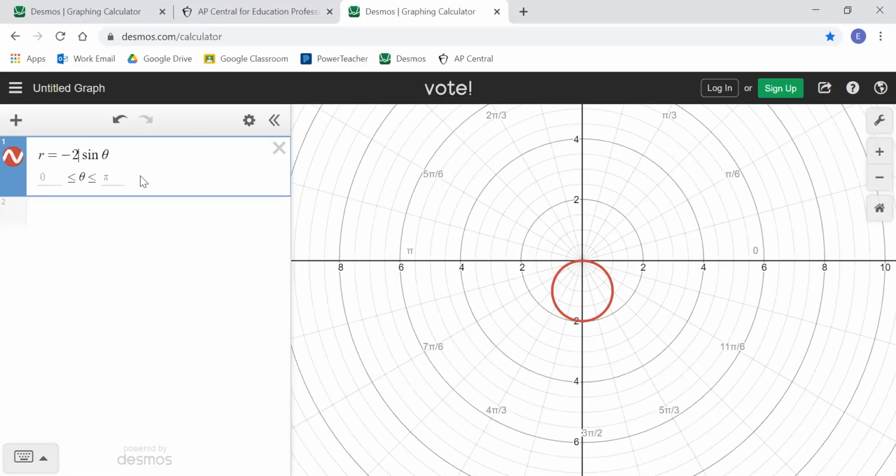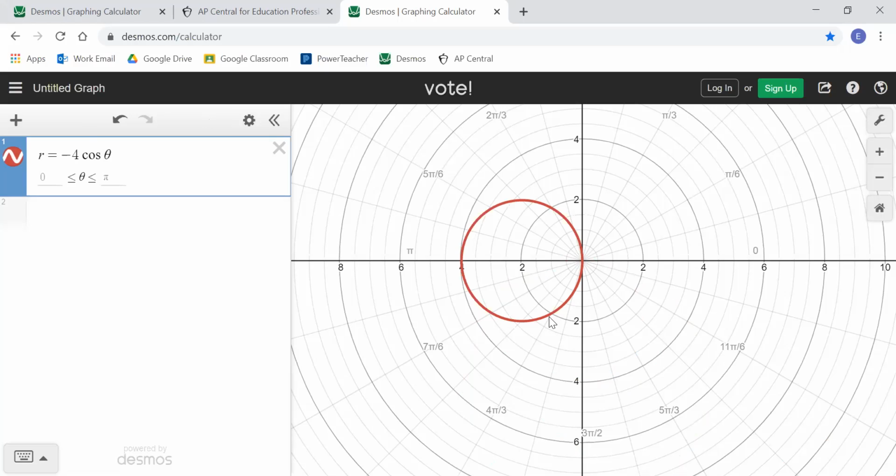Put in whatever values I want here, make this circle as big as I want, but if there's a negative in front of it and it's sine, we're going to end up with that circle in the quadrants in which sine is negative. And if I have a negative cosine, it will be in the quadrants in which cosine is negative. Everybody good there?